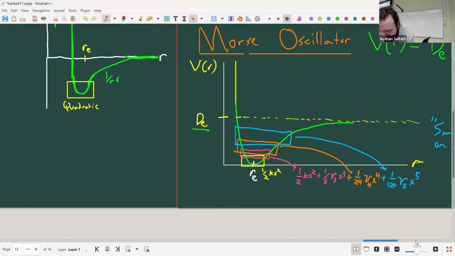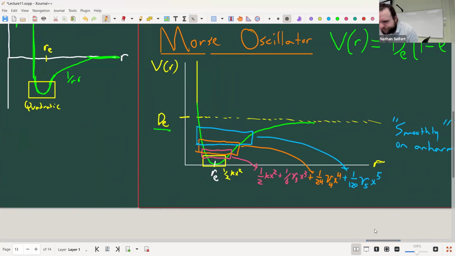One thing I wanted to look at is this D_e number that I've included, this constant on the outside. All right, what does this number actually mean? Well, this number is how much energy it takes to go from the equilibrium bond length, which is at V equals 0, to R equals infinity.